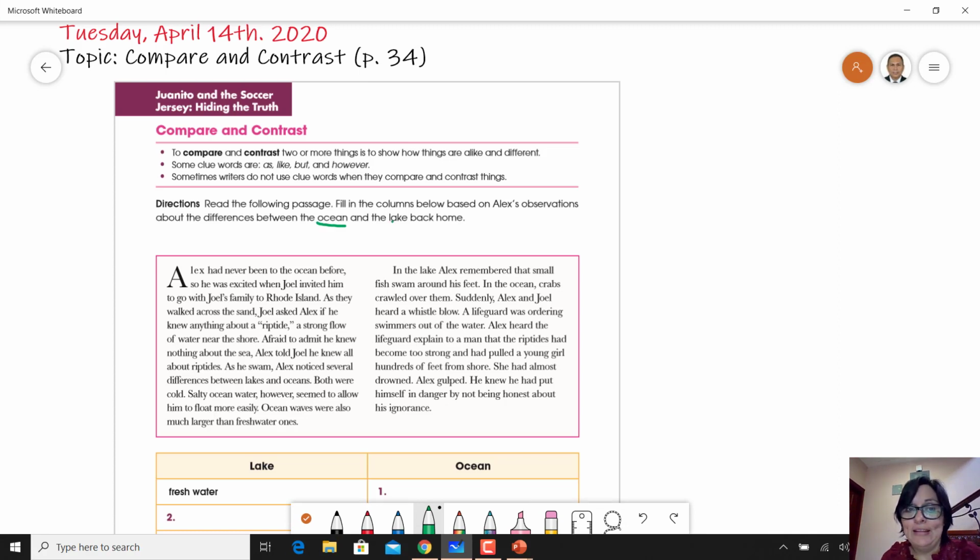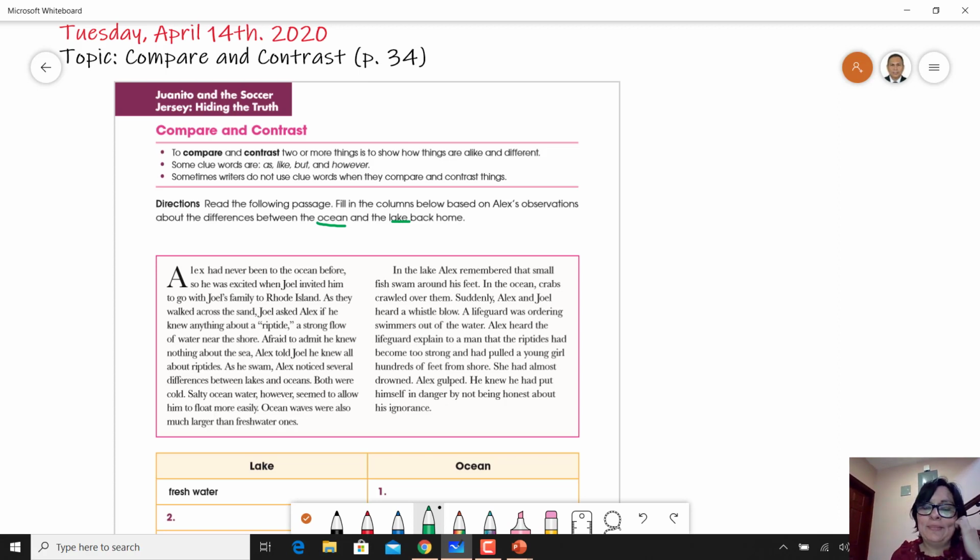But you have to read. So first we are going to read. I need you to follow the reading with me. Remember that we are not at school, so we cannot practice reading, but I need you to practice reading at home. So follow the reading with me, and if you can, read it by yourself again, aloud, so you can practice your reading skills, your reading fluency.